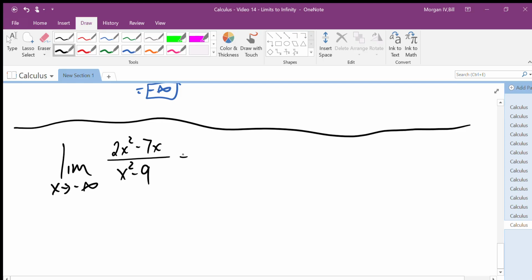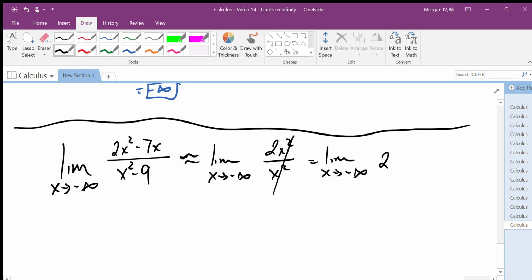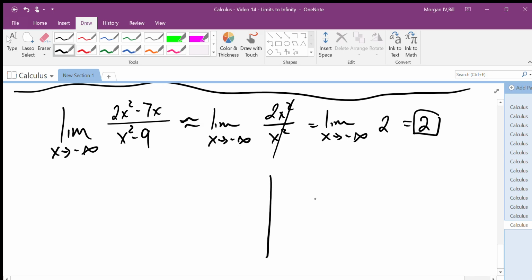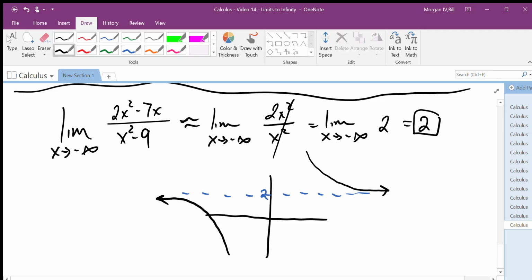Once again, we work this the same way, where this is approximately equal to the limit as x goes to negative infinity of 2x squared over x squared, which the x squareds cancel, and we get the limit as x goes to negative infinity of 2. Plugging in negative infinity to all the x's, well, there are no x's, so we just get 2. Notice the sign didn't change here, and what happened is we just have that single horizontal asymptote at y equals 2, and therefore from the right as x goes to infinity, or from the left as x goes to negative infinity, both of those limit to a value of 2.